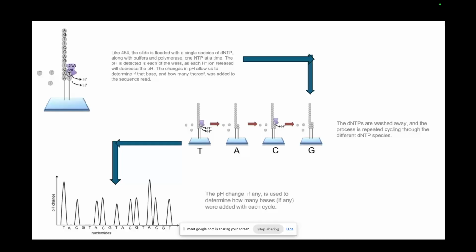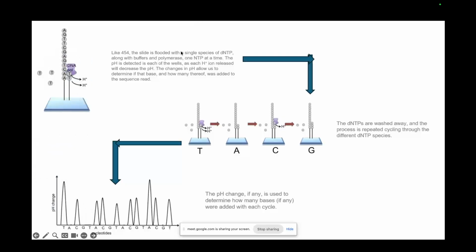Inside each well, you're doing this technique, adding one molecule and the pH is changing. And inside each of these wells, you need to have pH sensors to tell you what pH has changed and what base has been incorporated. This is very difficult to design. So in a lot of cases, the throughput of ion torrent is a little bit on the lower side compared to the other ones.